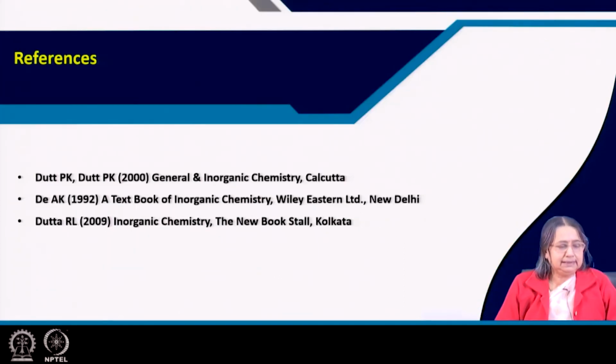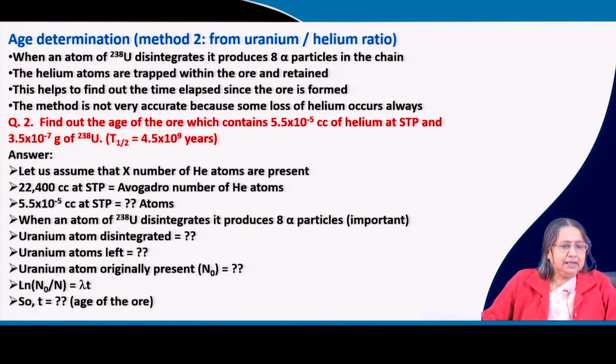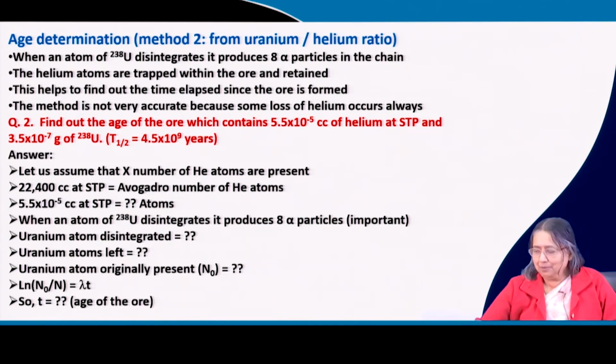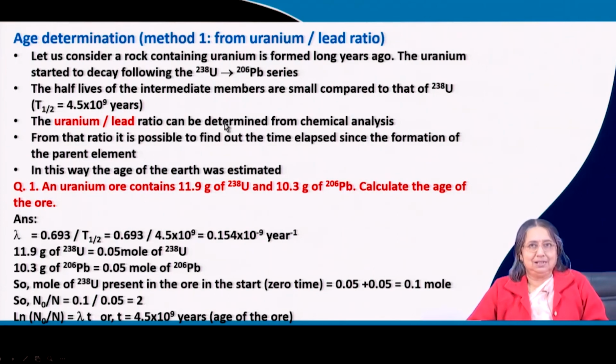Now, the references are the same that I have already shown you, you can read from this book. Actually, the last two problems, in some books you will see, are about the age of the earth. It is written how to determine the age of the earth. This is also called geological clocks.